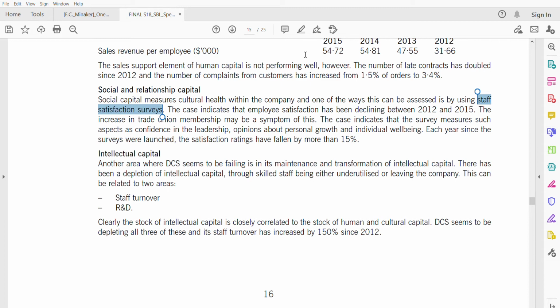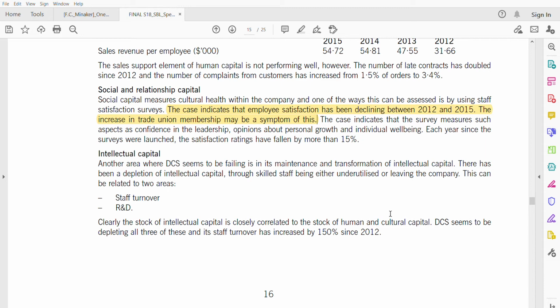The case indicates that employee satisfaction has been declining between 2012 and 2015, and the increase in trade union membership may be a symptom of this. Just see how they have linked these two. I've highlighted this because once you understand how to link, everything is solved.